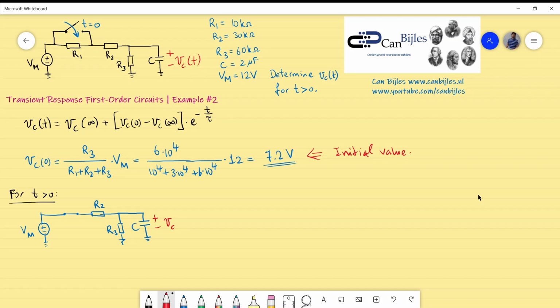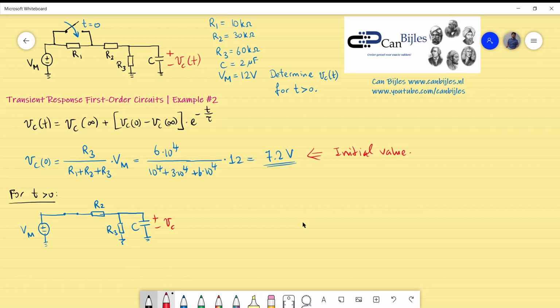Okay, what we would like to know is the capacitor voltage at steady state. So again, we were waiting for a long time. What happens? Again, the same story. The capacitor current will be 0 if you wait for a long time. The capacitor voltage will not be 0. That will be also the open circuit voltage, or the same thing, the voltage across the resistor R3.